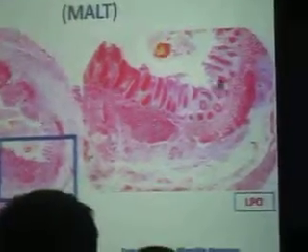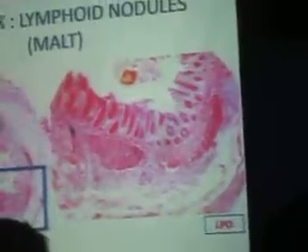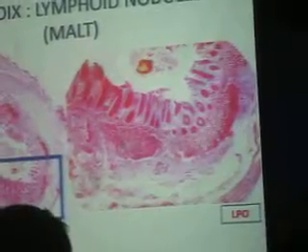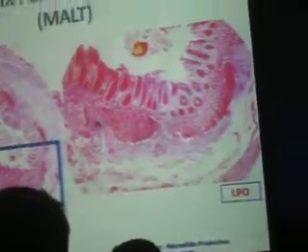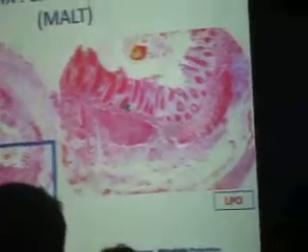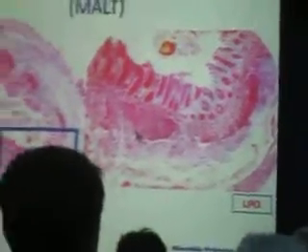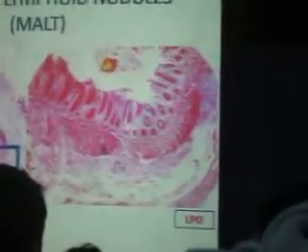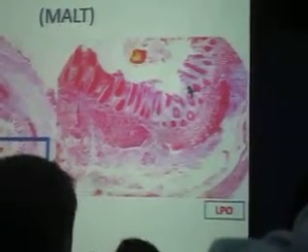Then of course you have here your lumen. Then at higher power magnification, you have the lining epithelium, simple columnar epithelium, and then the rest of the mucosal layer, you have your aggregated lymphoid nodule or MALT, mucosa-associated lymphoid tissue. This is mucosa.